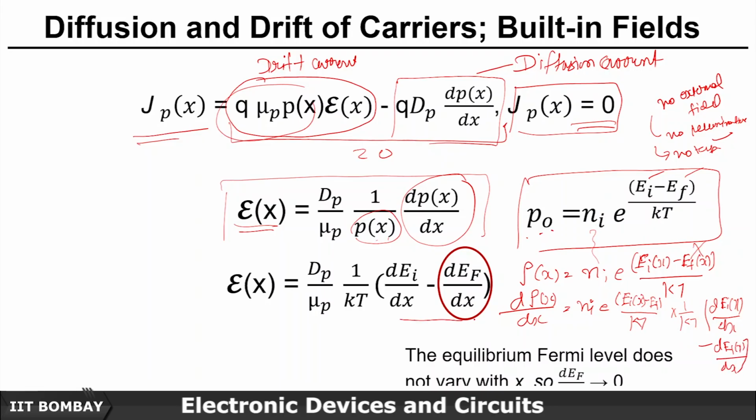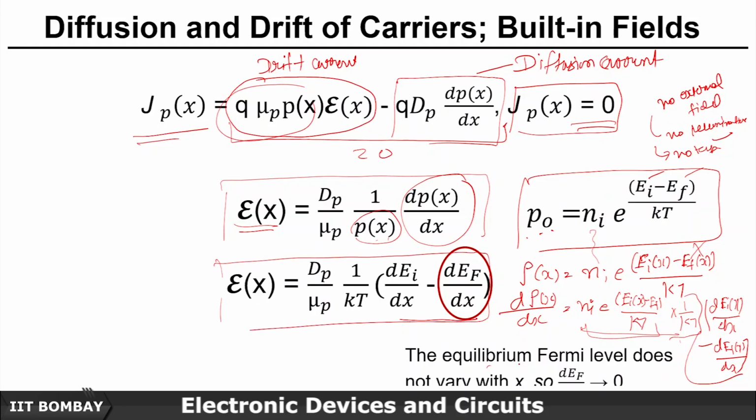So this is the expression here. And since it is being multiplied by 1 by p(x) as well, this will settle down with that. 1 by kT will remain, otherwise it will be cancelled out by this term. So the expression is this for the electric field.